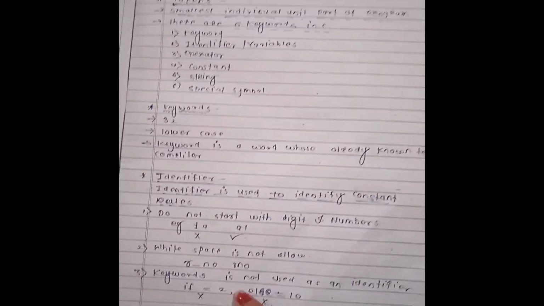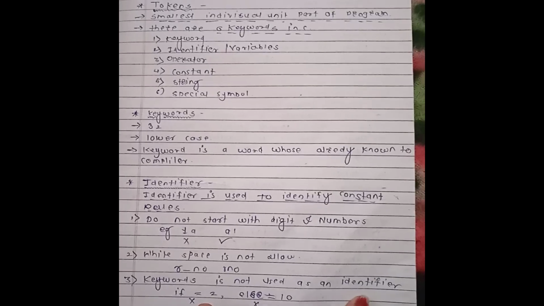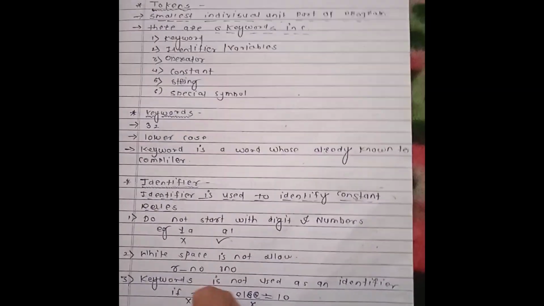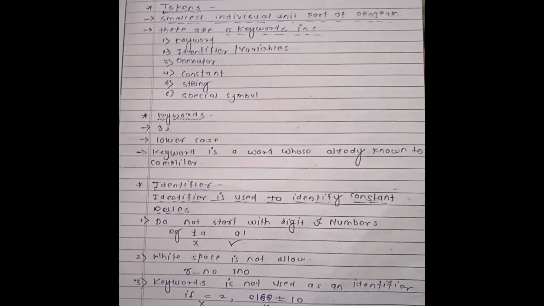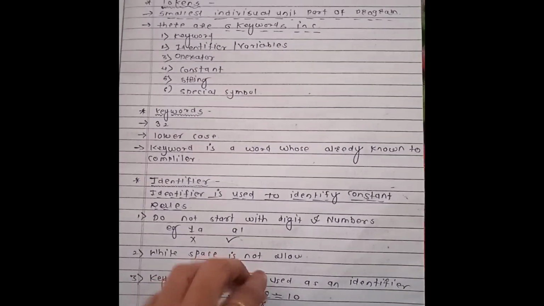Keywords cannot be used as identifiers. Keywords are reserved words, so you cannot use a keyword as a variable. For example, if is a keyword, so if cannot be used as a variable.